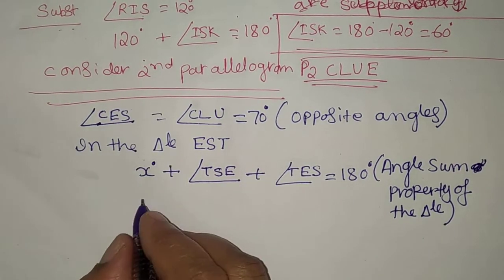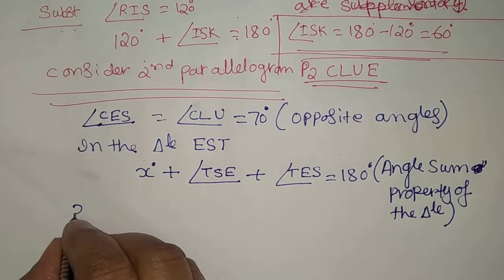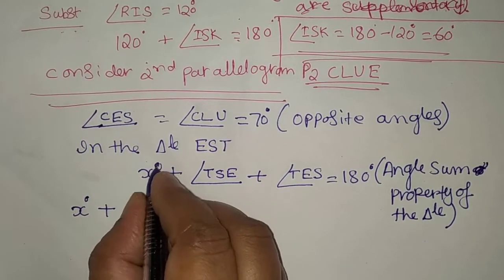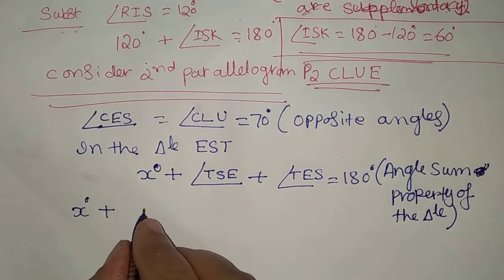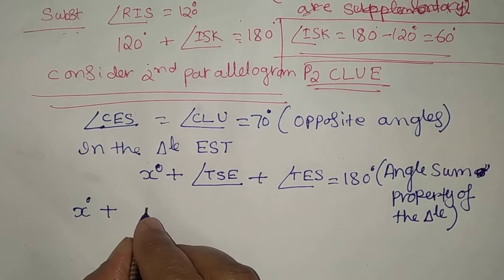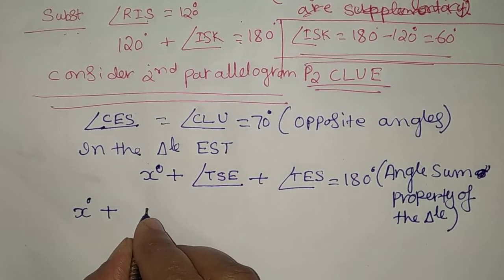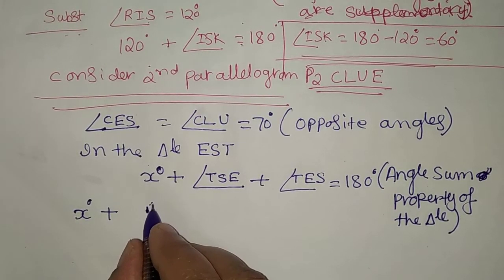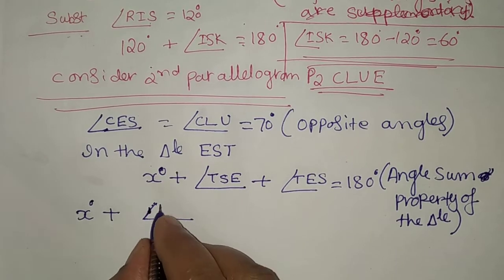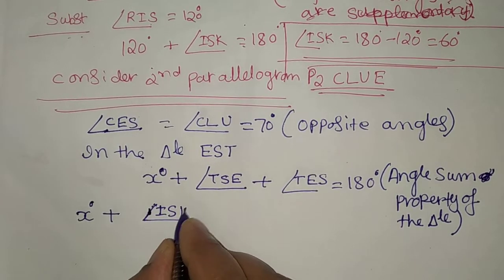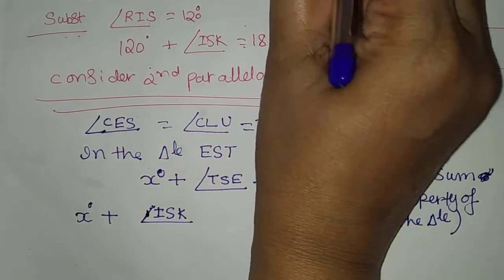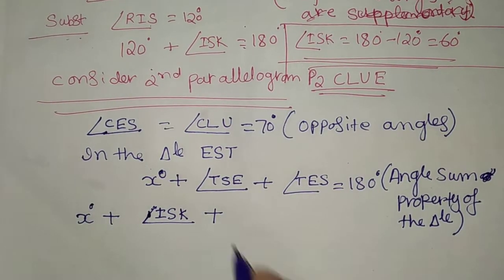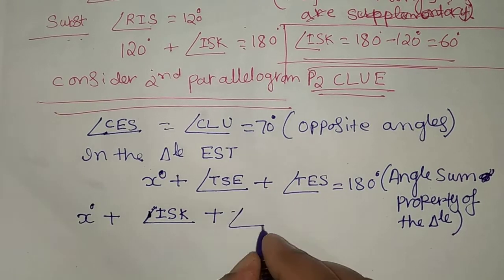So next step: we have to find out the x degree plus TSE. We can write here again, ISK plus CES.